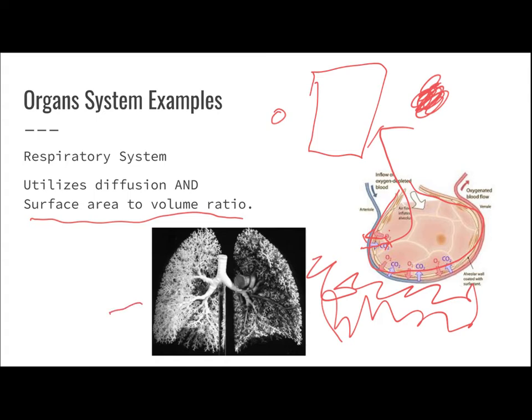So if you were to spread out your lungs completely and all of the little squiggles in them, it would cover a massive amount of area. But by having them all squiggled and scrunched and branching like this, they increase their surface area while still fitting into your chest, which allows a lot more surface area for this diffusion of oxygen and carbon dioxide to take place.